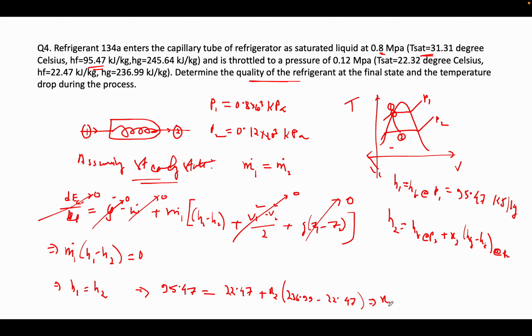That means x2 will be (95.47 minus 22.47) divided by (236.99 minus 22.47). Let me calculate this.